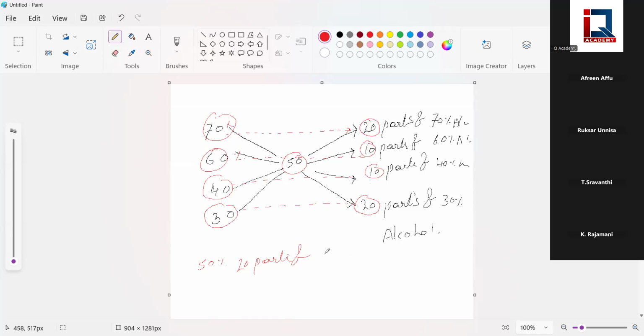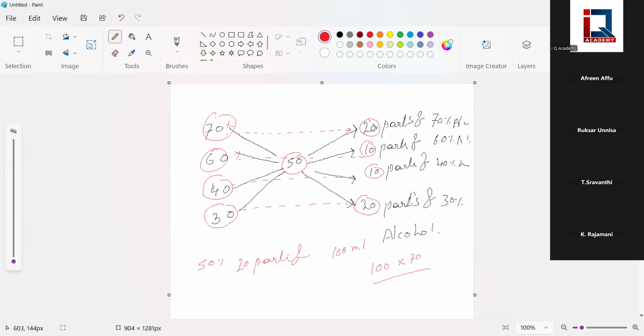Now if he is asking you to prepare this 50% 100 ml, what will you do? 100 ml into first, which one should we take? 70, right. So how do you do 70% by number of parts?